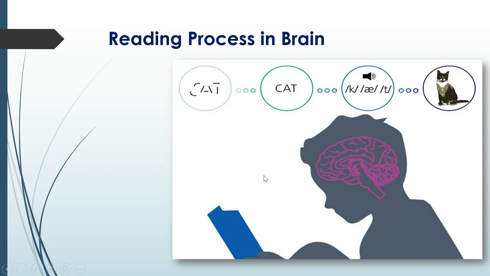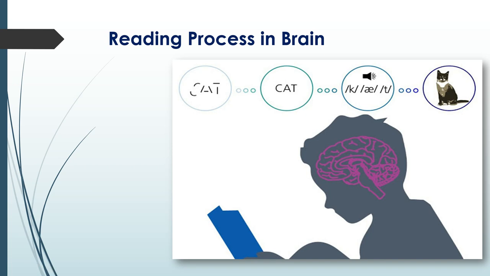For example, if the reader is looking at the text, and there he reads the word cat, the mind goes through different stages. The first stage is that the words seem to be somehow not intelligible, like they are broken.